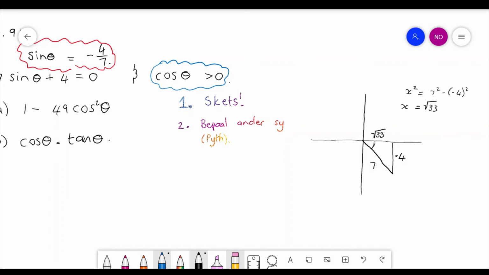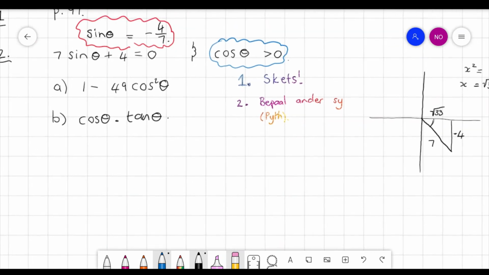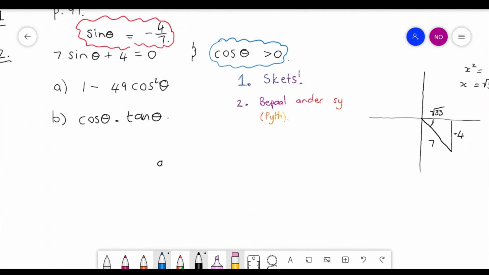Okay. So as ons die eerste ene gaan doen, a, so hulle soek 1 min 49 cos kwadraat theta. As ons hier gaan aflees, is cos aangrensend wortel 33 op skuinssy.